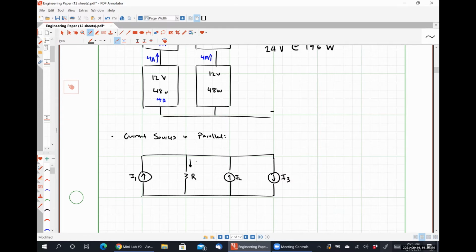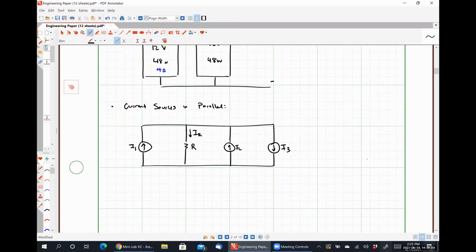I'm going to define my resistor current to be IR, direction down, like so. And if I apply Kirchhoff's current law to my top node where currents leaving are positive, I get negative I1 plus IR minus I2 plus I3 is equal to 0.